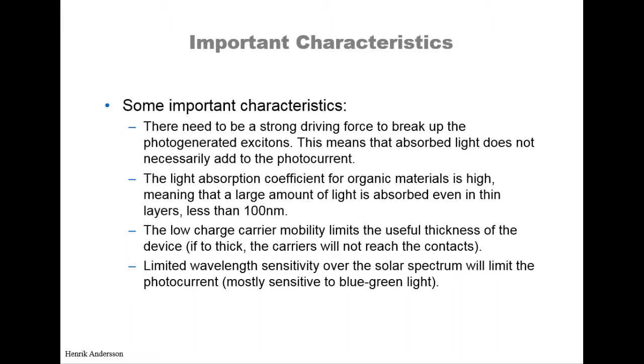The low charge carrier mobility limits the useful thickness of the device. Limited wavelength sensitivity over the solar spectrum limits the photocurrent. Mostly, organic semiconductor material is sensitive to the blue-green light.